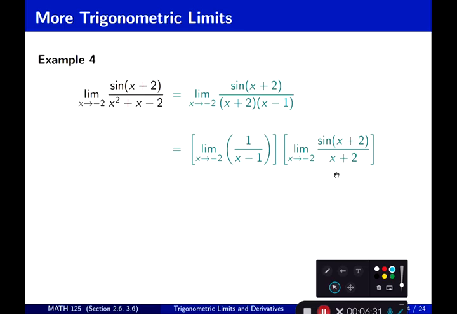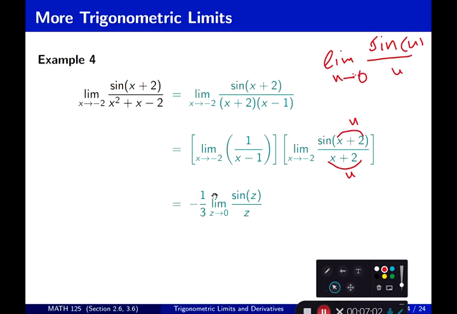But the second one, notice if I set u to be x plus 2, again u is going to go to 0, therefore the second part just becomes limit as u goes to 0 of sine of u over u.